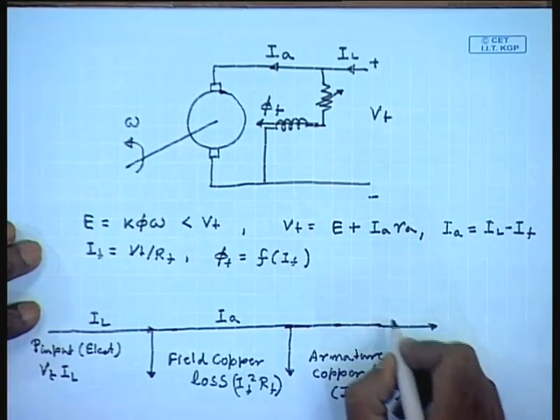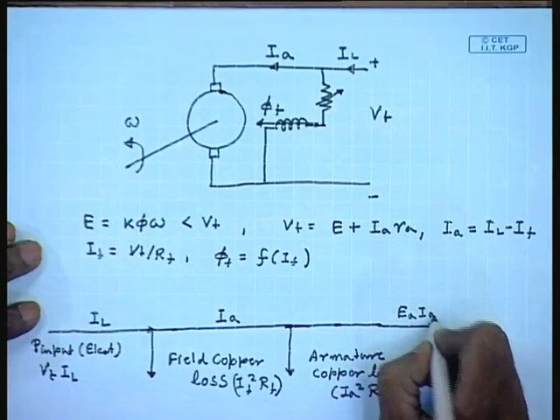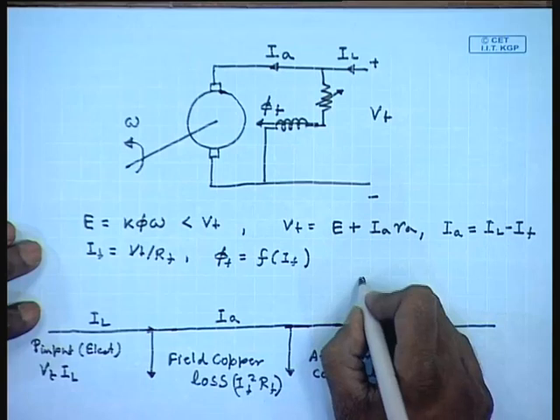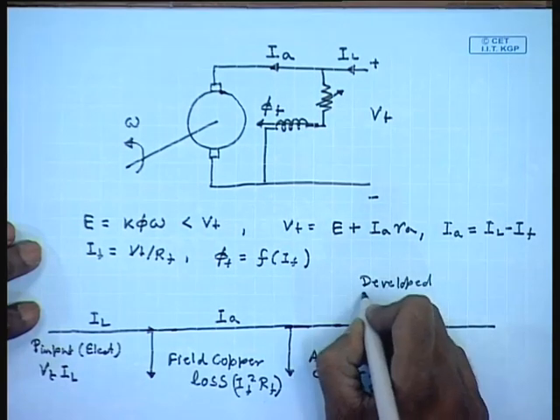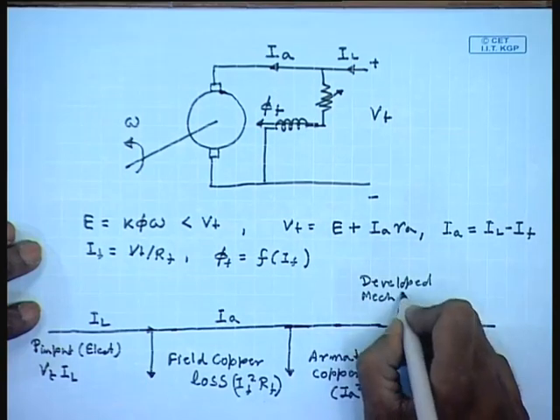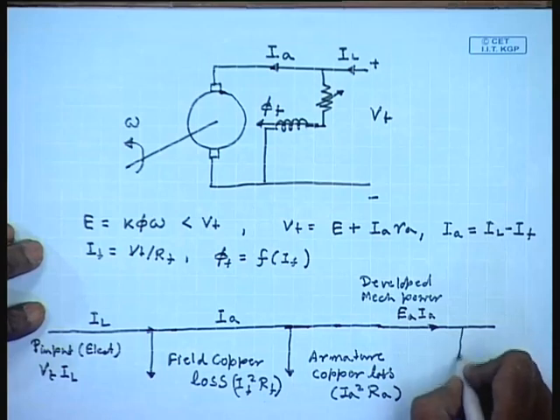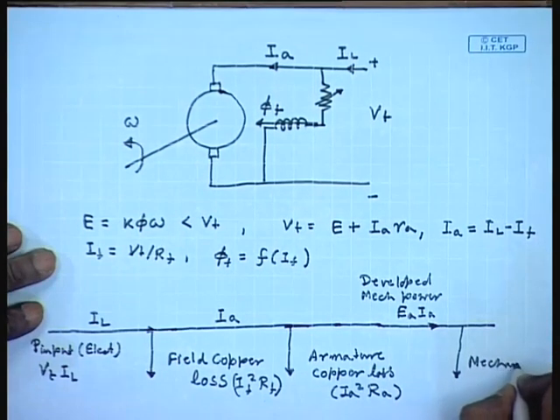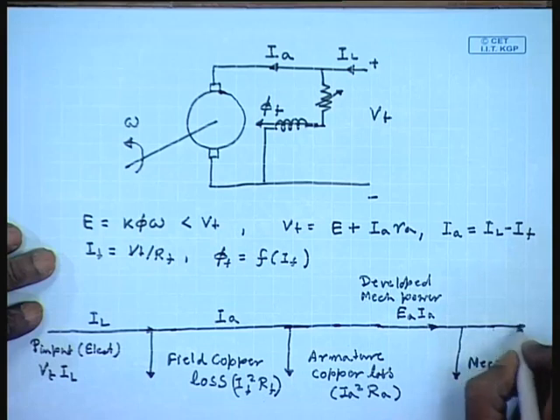So, this is the developed power EA IA, which is converted to mechanical power. Next is the mechanical losses, and the mechanical power output.